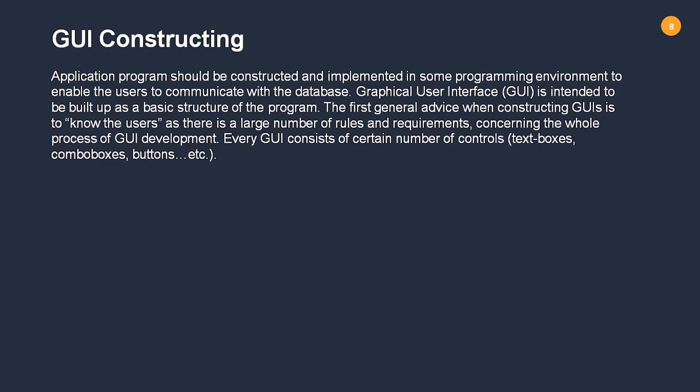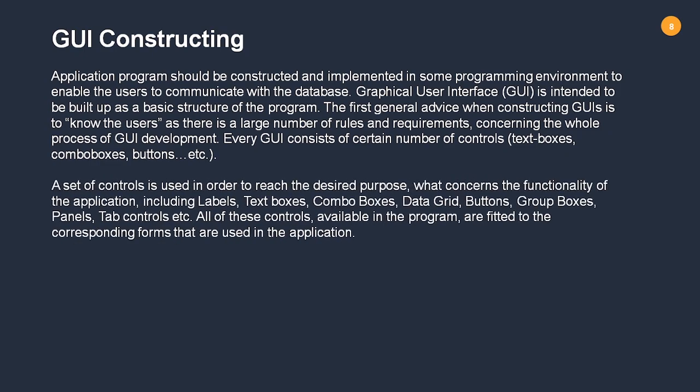Every GUI consists of a certain number of controls like text boxes, combo boxes, buttons, etc. A set of controls is used in order to reach the desired purpose concerning the functionality of the application, including labels, text boxes, data grids, tab controls, etc. All of these controls available in the program are fitted to the corresponding forms that are used in the application.